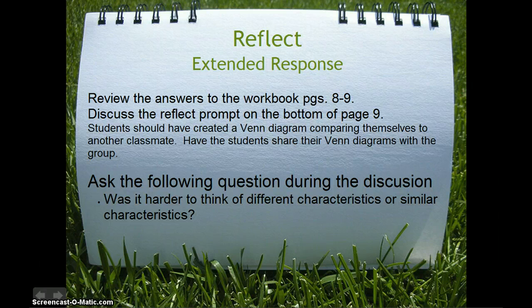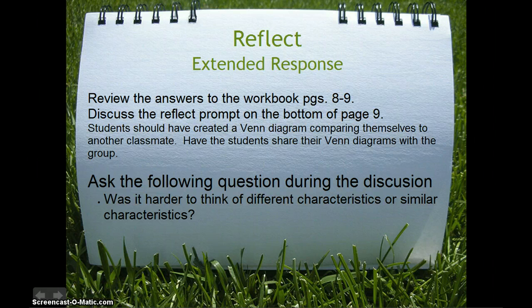Then the next step is the reflect part, and there are 2 parts to this. The first one is the extended response. Once everybody has completed their workbook pages, we will then go over those and I will answer any questions that they might have. Then we will also have a discussion based on the reflect prompt on the bottom of page 9.